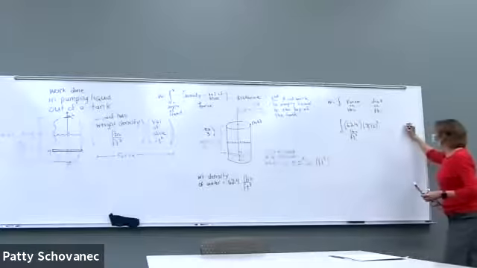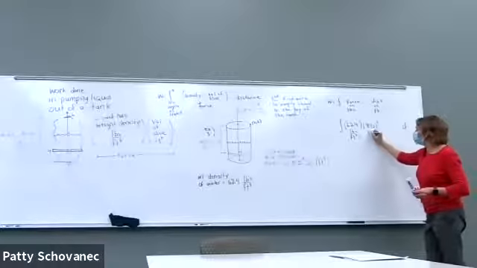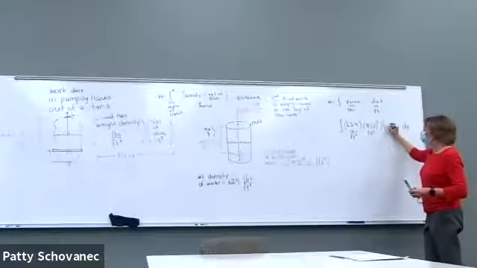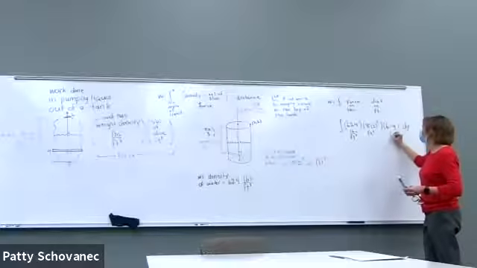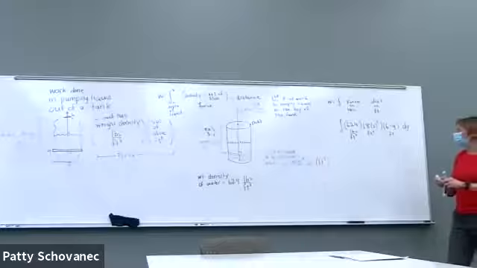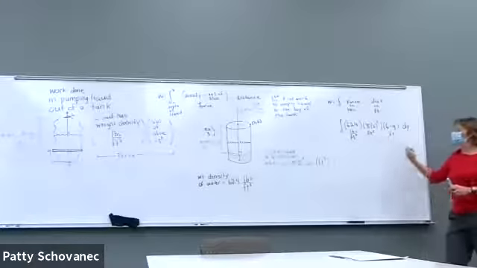And when I get to the integral, the delta y becomes the dy. So this now is cubic feet. And now the distance was 6 minus y feet. Cancels the way I want it to. Pounds times feet.